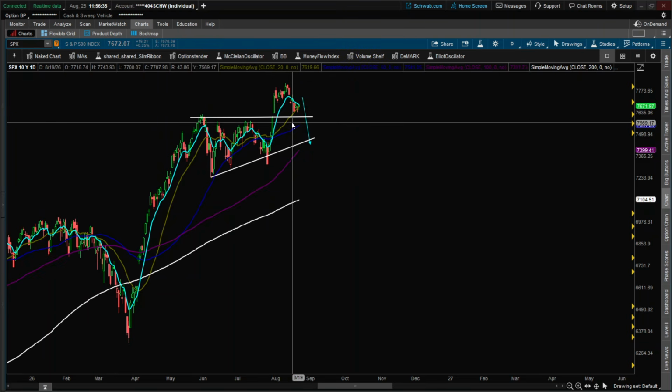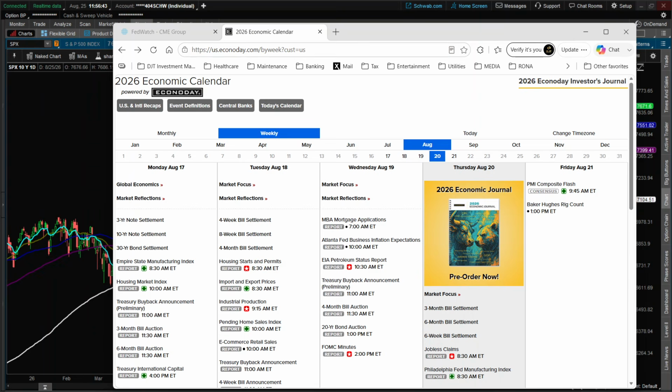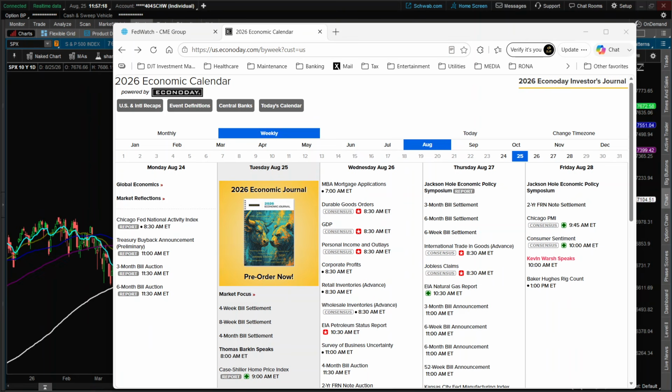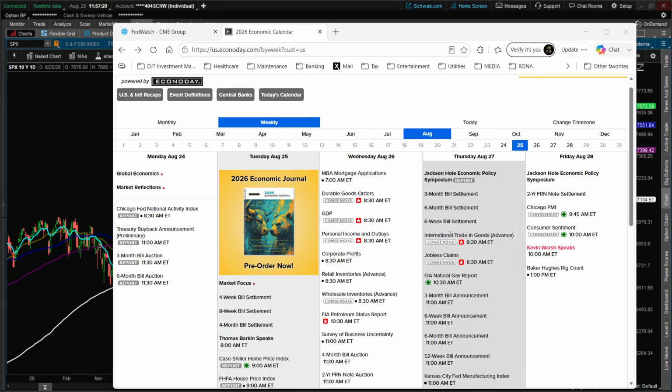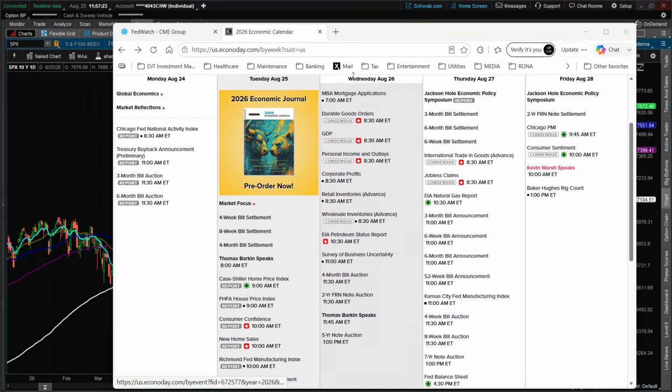Okay, but so far just pinching between the 20 and the 8, which is no surprise, because we have all of this information that's coming up.